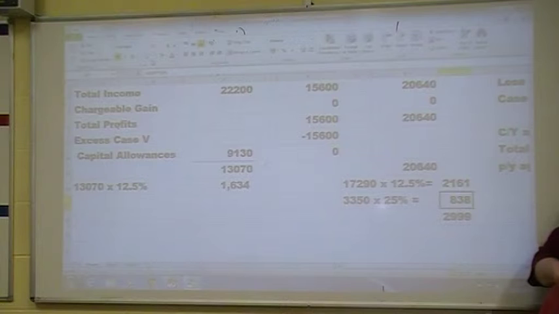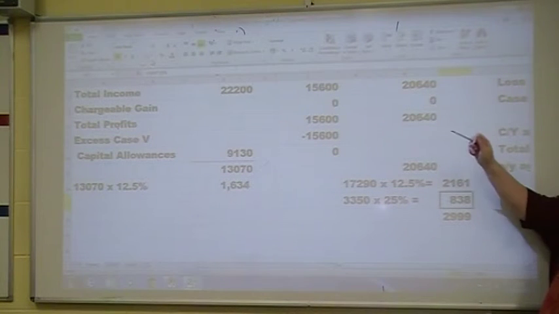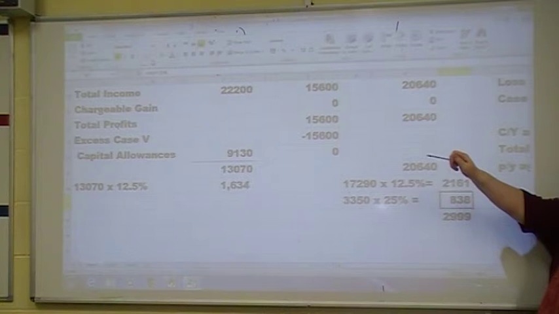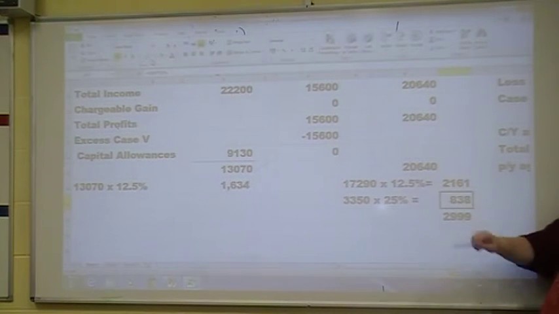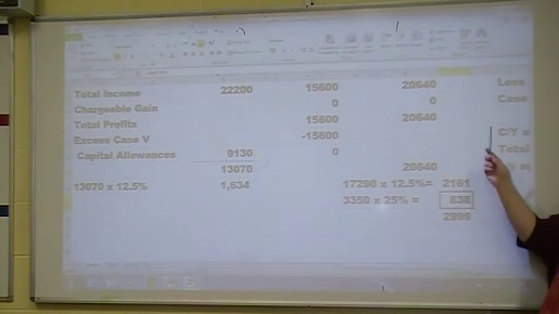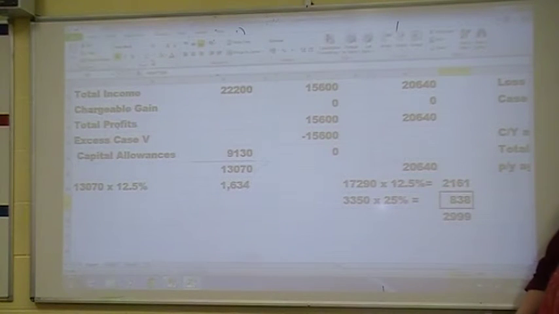Is that alright? Yeah? And just there, I said you can't carry back a case 5 loss, but you go against your case 5 income. The reason I took back the case 5 capital allowance is because it can go against total profits, whereas if it was a case 5 loss, it could only go against your case 5 income.